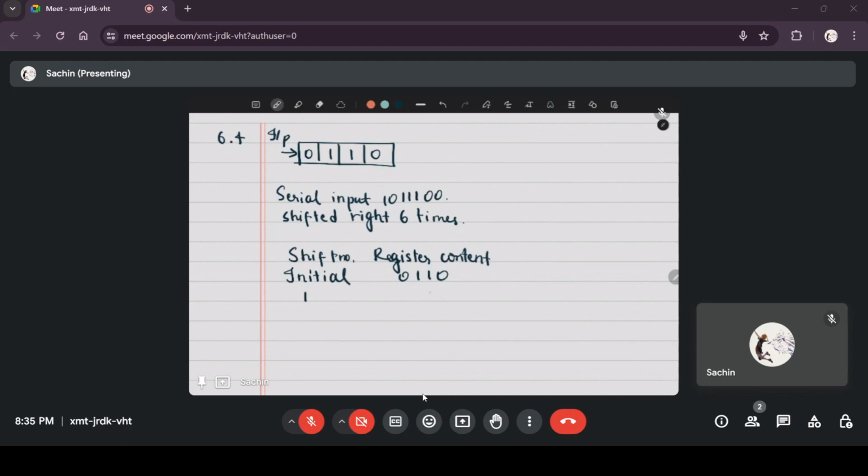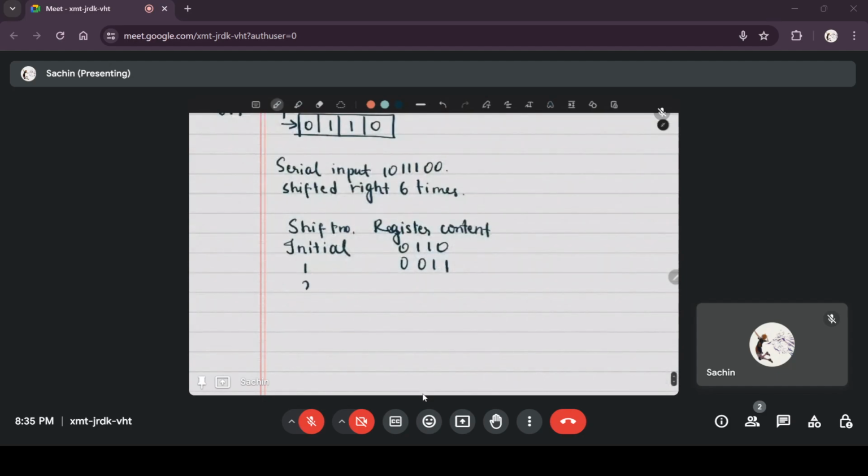So 011 is shifted right, this 0 is discarded, and the LSB of the input, 0, is shifted to the MSB of the register.